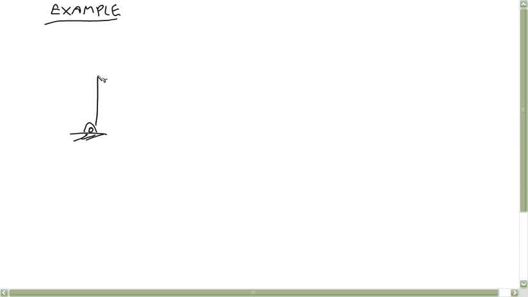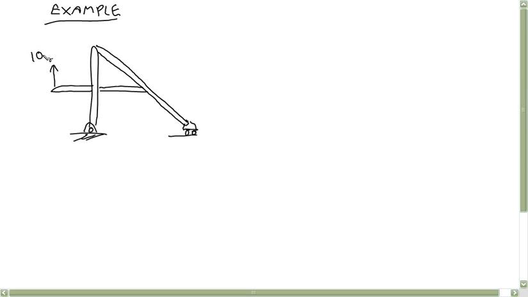You have a vertical member and a diagonal member, and this is connected with rollers. Then you have a horizontal member holding it all together. A 10,000 Newton force acting up. You have a pin here, pin here, pin here.